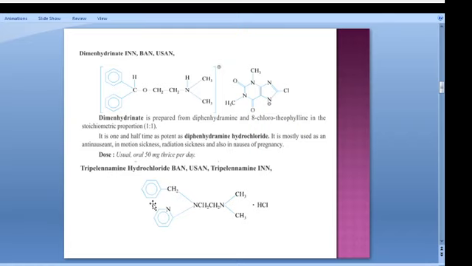All the compounds must have two tertiary nitrogens, one here and another one here. So all the compounds of these ethylenediamine derivatives have two tertiary nitrogens separated by two carbon atoms. Mainly it causes fewer side effects than diphenhydramine hydrochloride; tripelennamine has fewer side effects than the previous one.